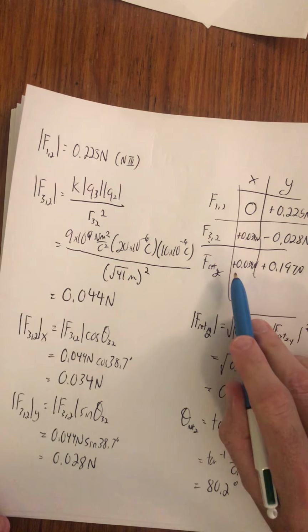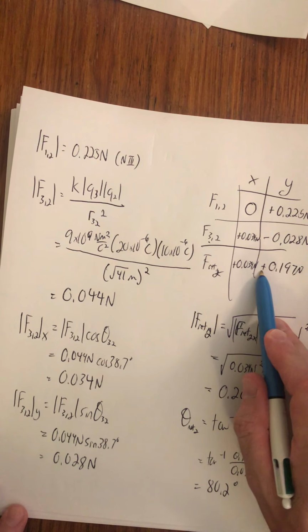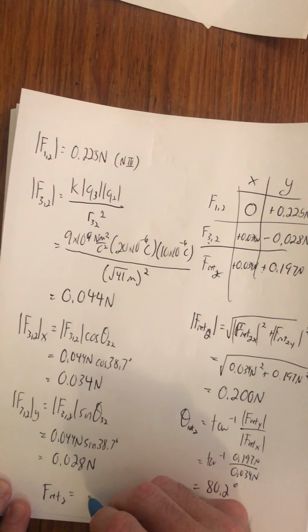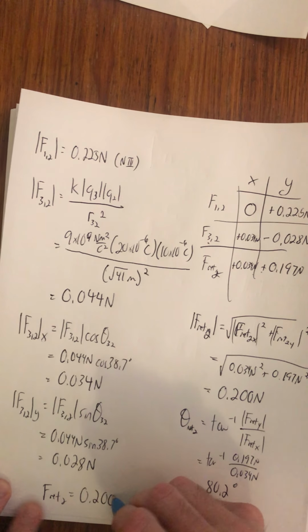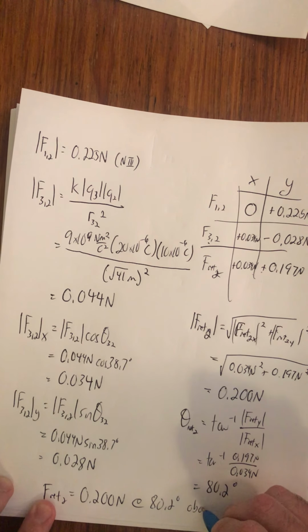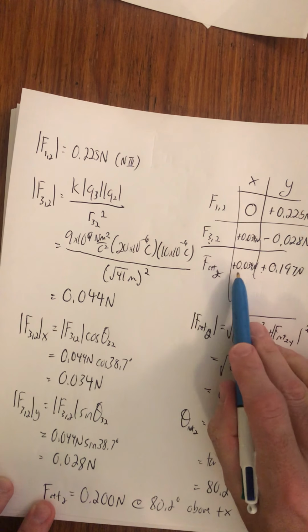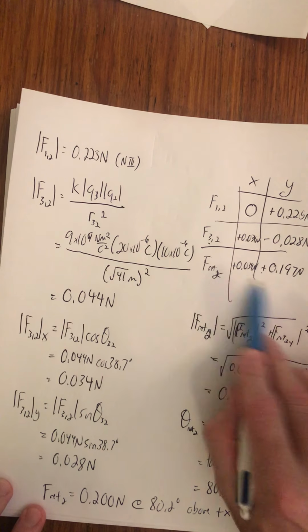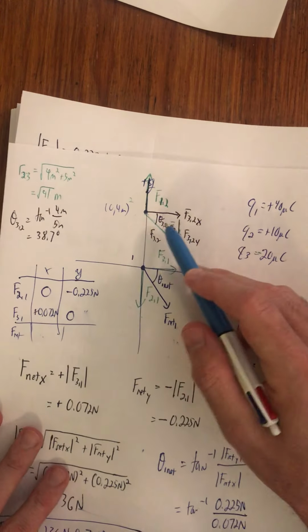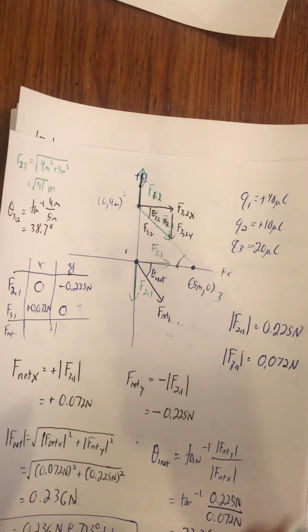So if we look at that, that's positive x to the right, positive y up. So in other words, my final answer here is F net 2 is equal to 0.200 newtons at 80.2 degrees above positive x, because this puts me solidly in the first quadrant.